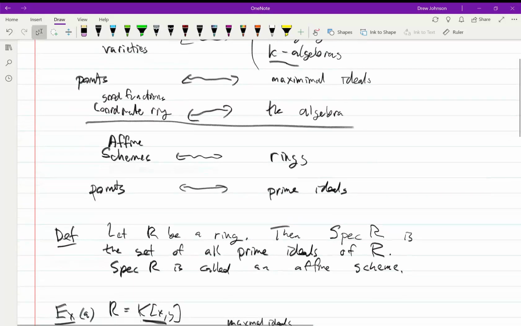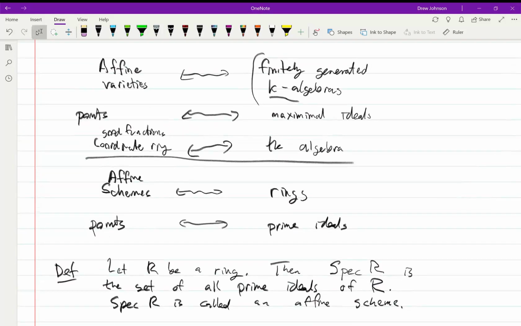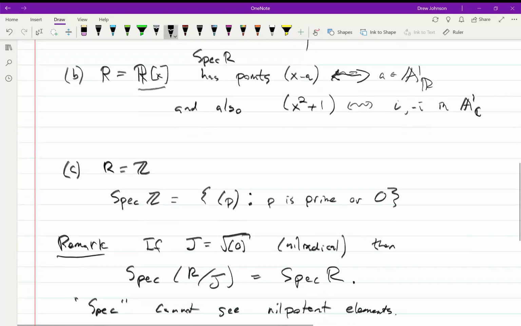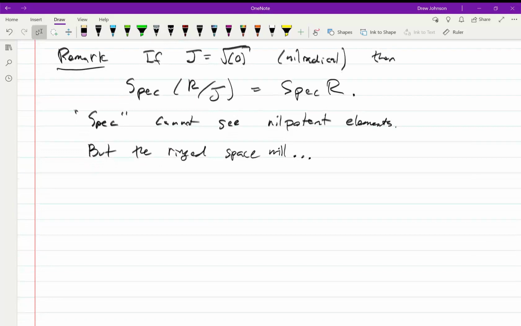All right, so we're going to do the same thing with schemes. We would like to say that on an affine scheme, the good functions are exactly the elements of R. Here's the definition.